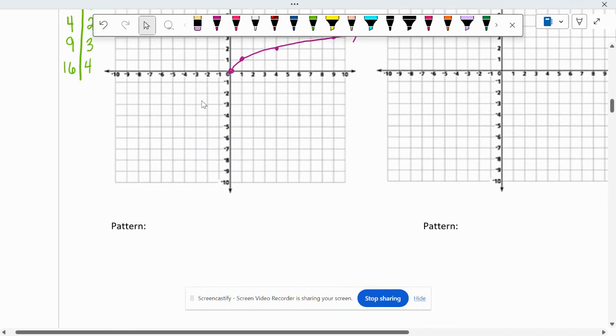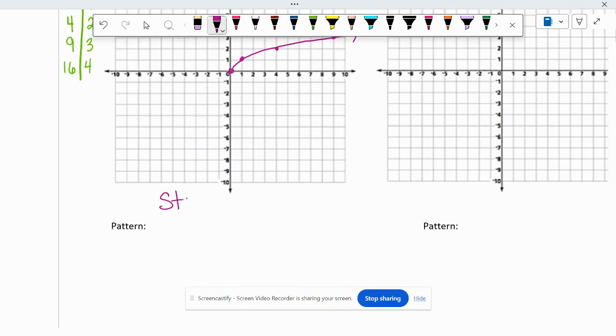So I want to talk about the pattern. We're starting at the origin, right? That's the ordered pair 0, 0. If I move 1 unit to the right, what is the square root of 1? I go up 1. If I move 4 units to the right, what's the square root of 4?